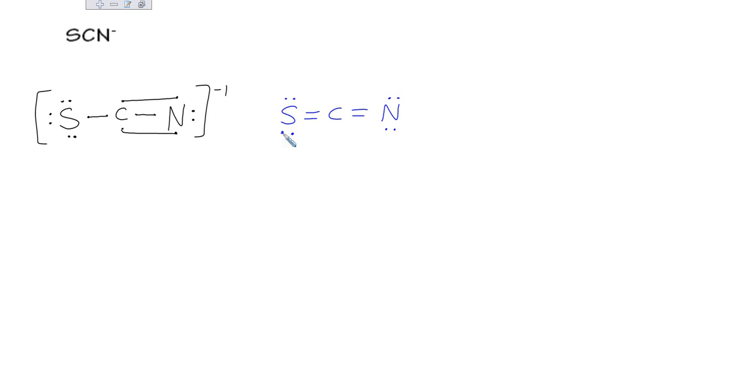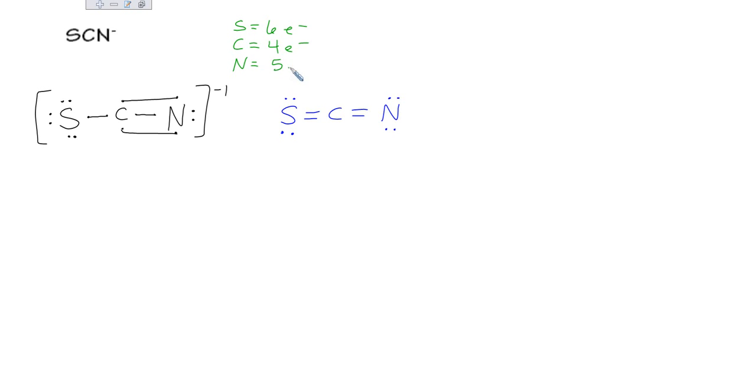The 2nd order of business is to check your electron count. I would always check your electron count. Let's see what we got here. Sulfur carries 6 valence electrons. Carbon brings 4.